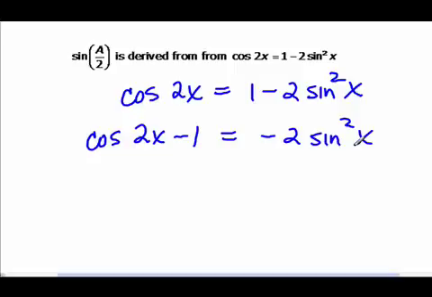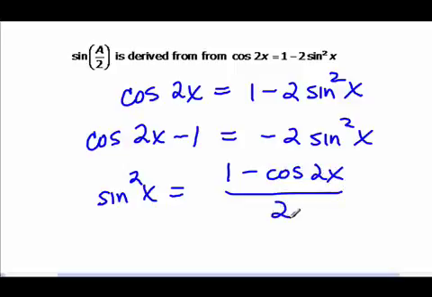I'm going to put the sine squared x on the left, and by dividing by negative 2, this will be equivalent to 1 minus cosine 2x, all of that over 2.